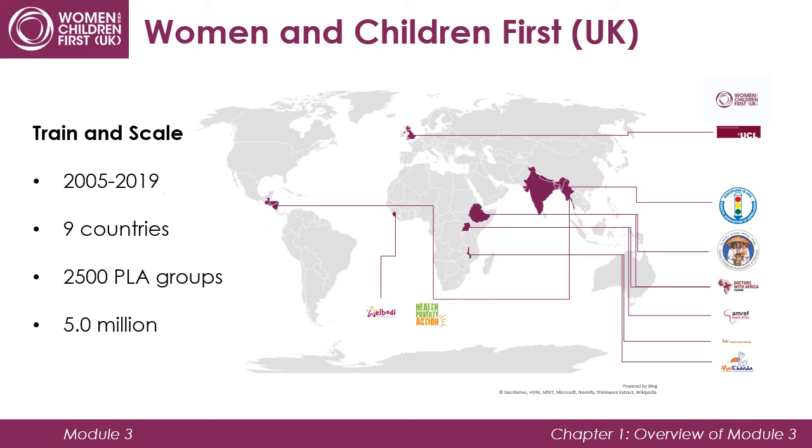Through these activities, Women and Children First helped to establish over 2,500 more groups and reach a further population of 5 million people.